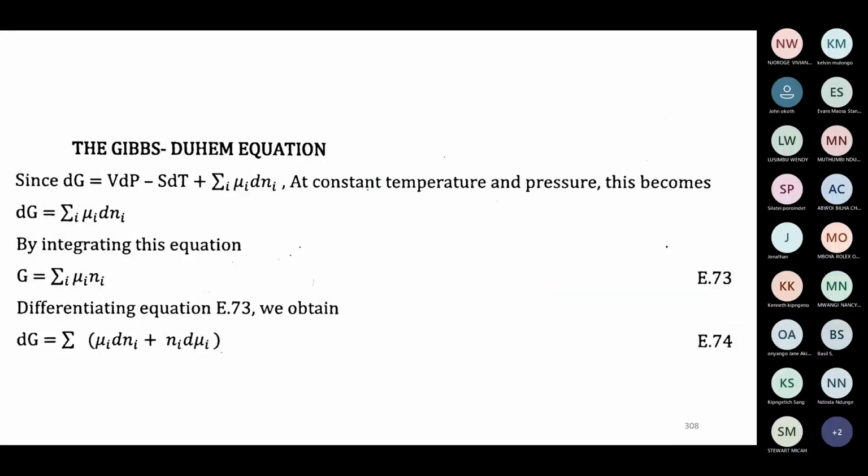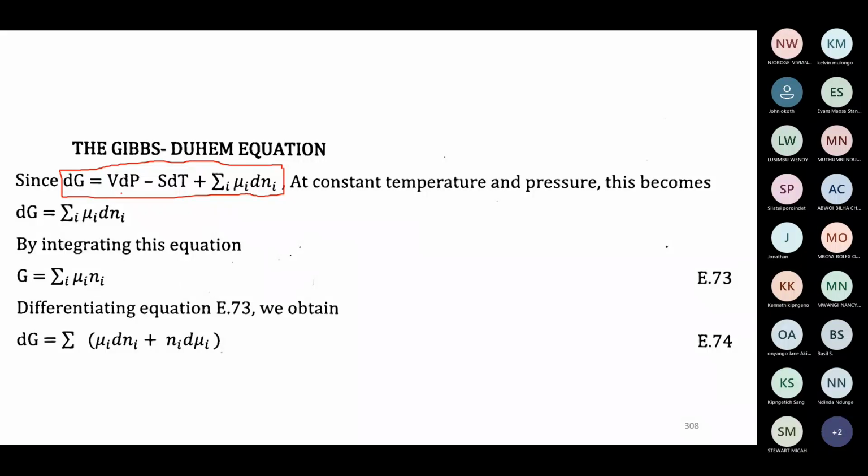So we have established that dG equals VdP minus SdT plus the sum of all mu_i dn_i in that particular system. When you consider this expression at constant temperature and pressure, something happens.